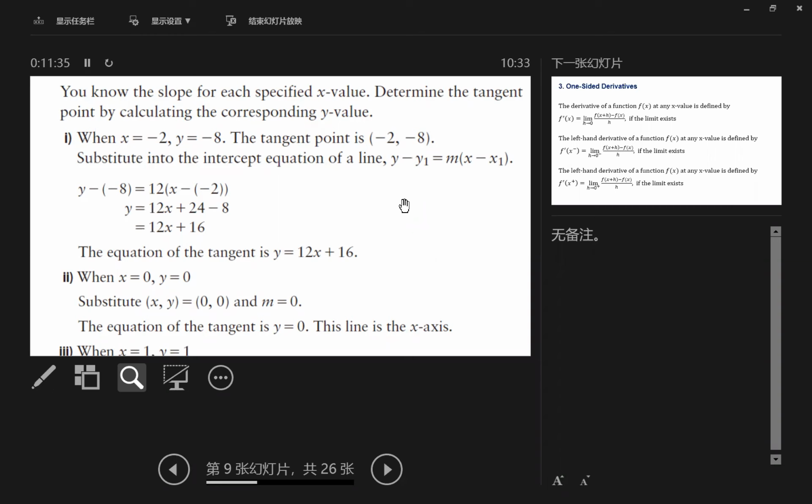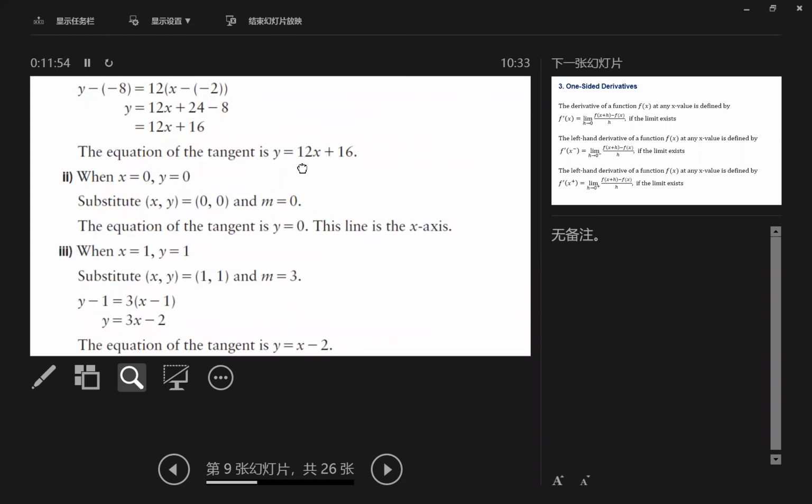For the second question, when x is 0, y is 0, you can substitute (x, y) equals (0, 0), and m equals 0. The equation of the tangent is actually a horizontal line, y equals 0. See that? And then for the next point, when x is 1, y is 1, you can substitute (x, y) equals (1, 1), and m equals 3.